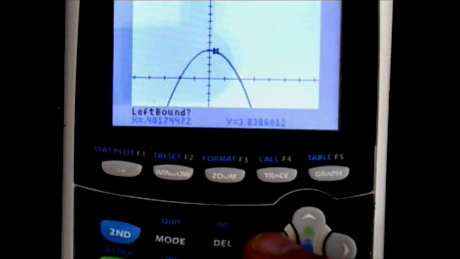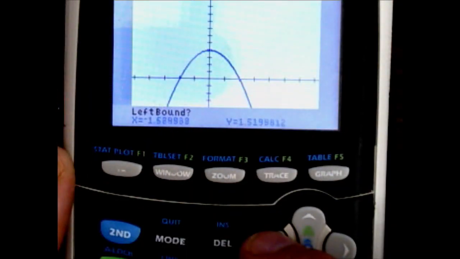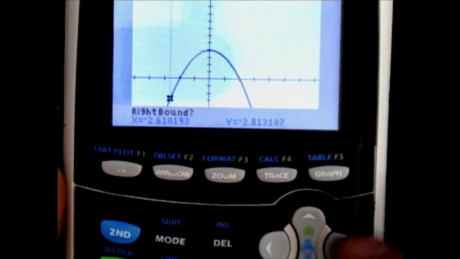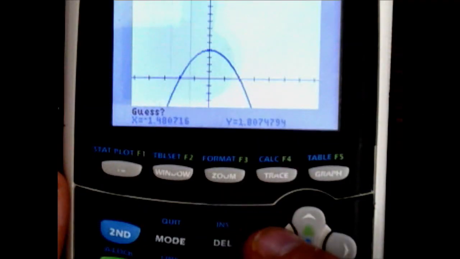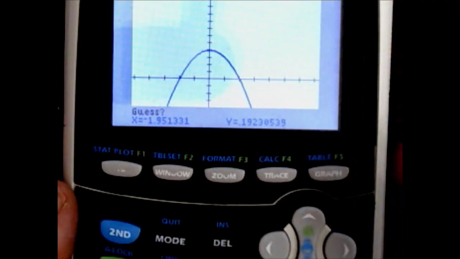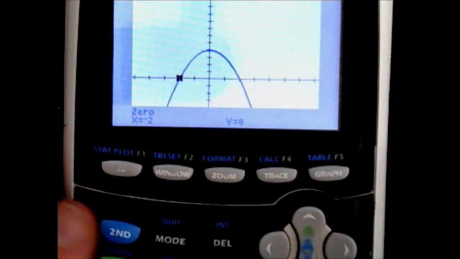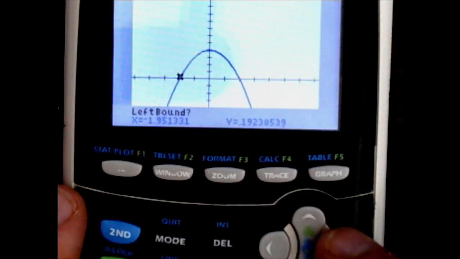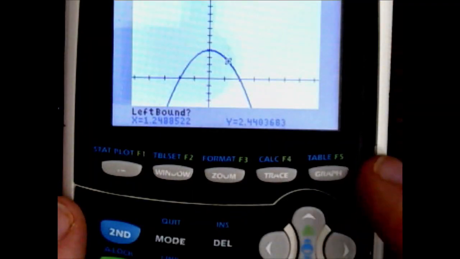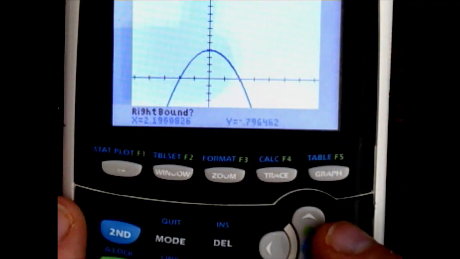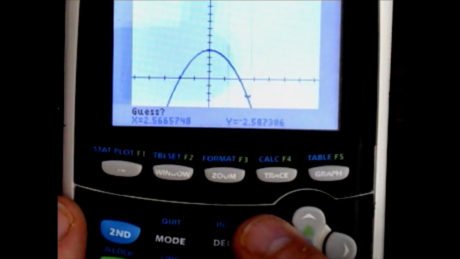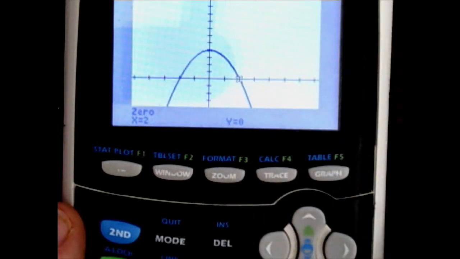Now I've got to move to the left of one of my x-intercepts, so I move to the left of it, enter. Then I move to the right of it, enter, and I move back to the point itself, enter. And it finds it for me. And I can do the same thing over here. Second trace 2, move over there, enter, then move to the right of it, enter, then move back to the point itself, enter.